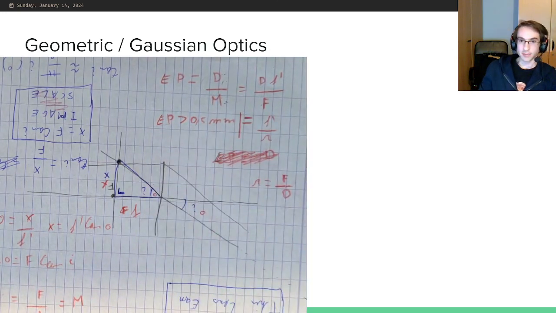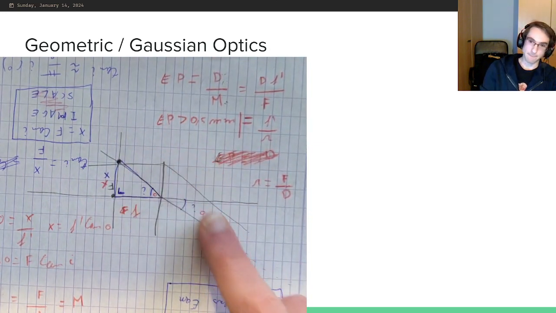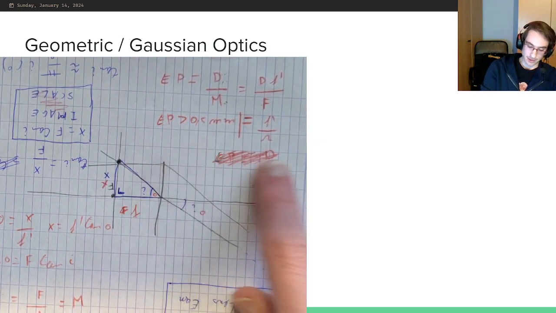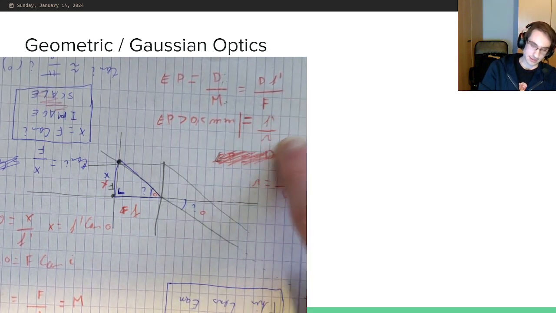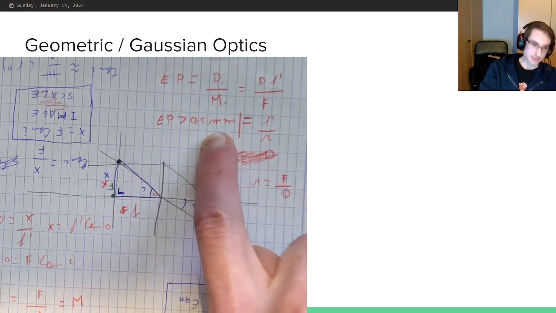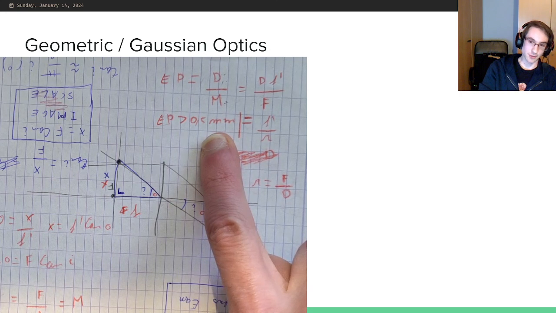Because if you look up the rules for limiting magnitude and you plug them in here, you find an exit pupil of 0.5 millimeters. So using this, if you know the focal ratio of your telescope, you can easily estimate what the exit pupil will be of an eyepiece with a given focal length. And then if this is less than 0.5 millimeters, don't buy that eyepiece because it's not going to work.